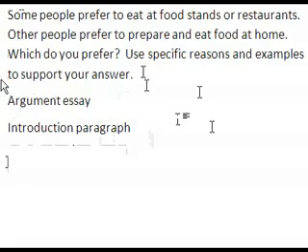So based on this question, the first thing we want to do is give some background information. And if we look at the question, it's talking about food, and it's talking about restaurants, and it's talking about opinions about food. So perhaps our first sentence would be something along the lines of opinions. Let's bring that font up.